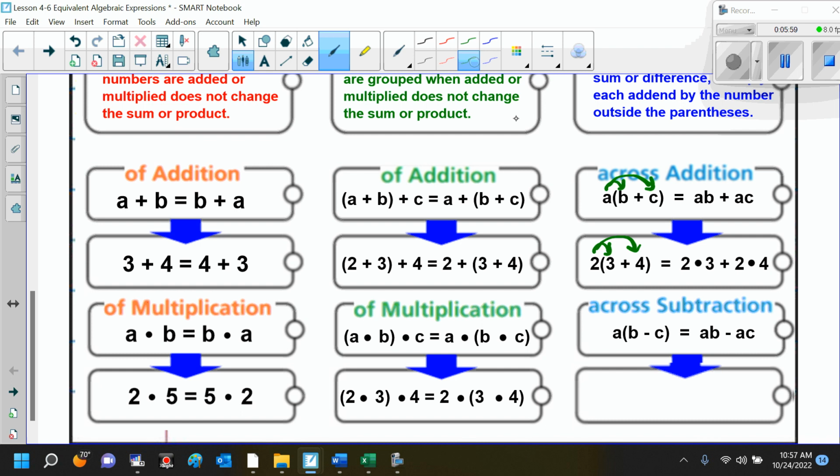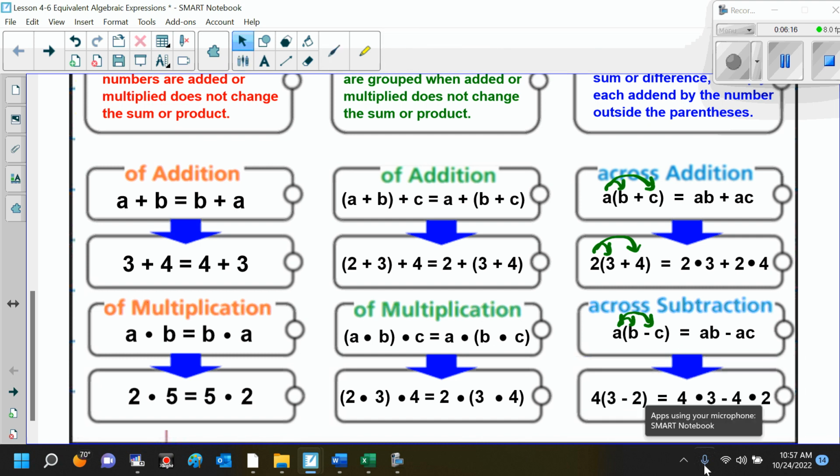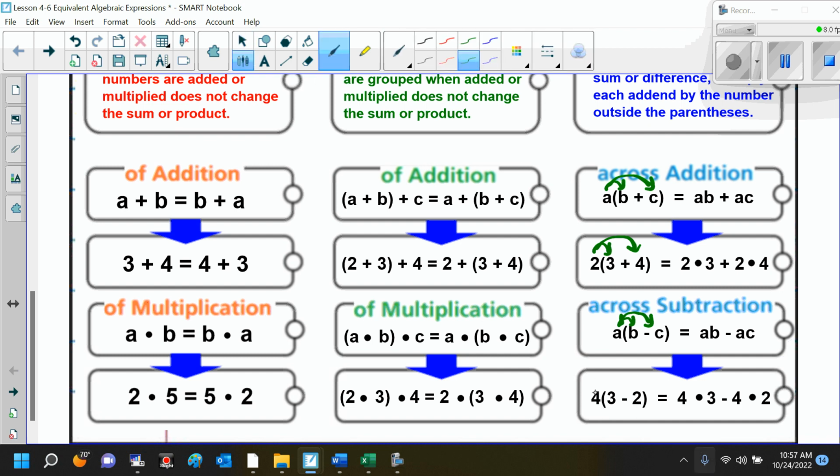So we have A times B, that's AB, minus A times C. If we put numbers in, you'll see how that works. We've got 4 times the quantity 3 minus 2. That's going to be 4 times 3 minus 4 times 2.